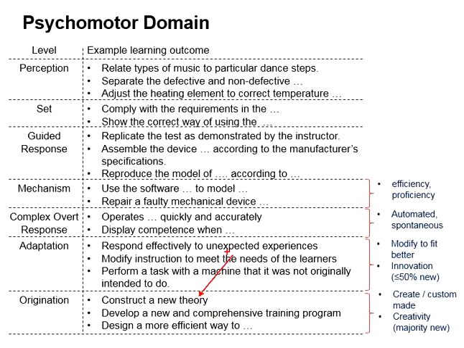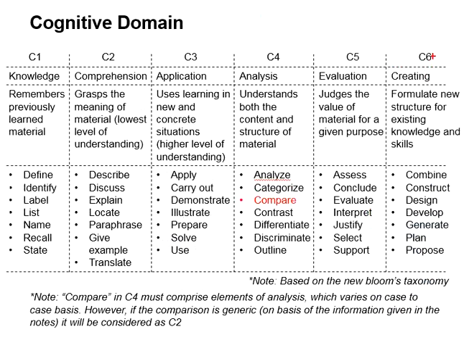Construct a new theory. Now, you have to be very careful with this statement. If the emphasis is on the theory here, this shall be categorized under the cognitive domain. Constructing a new theory should theoretically be under C6 of the cognitive domain.